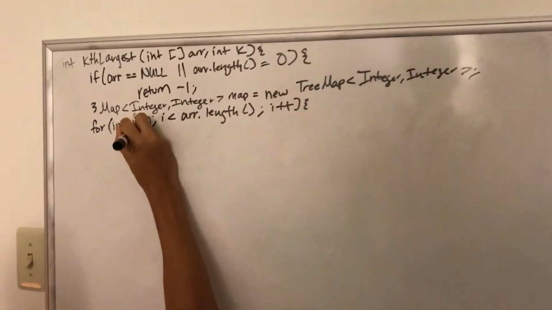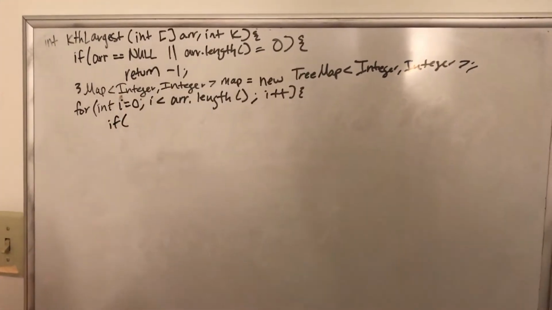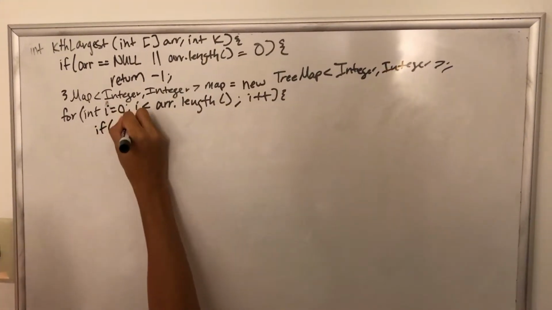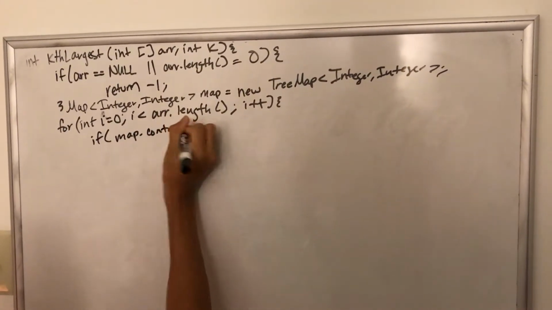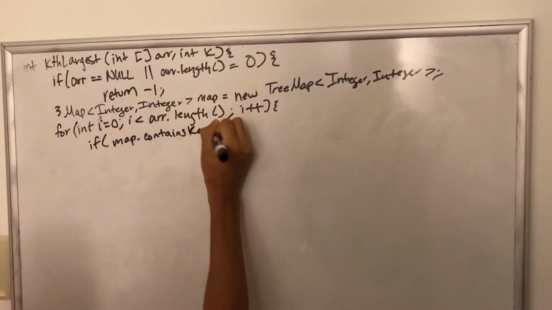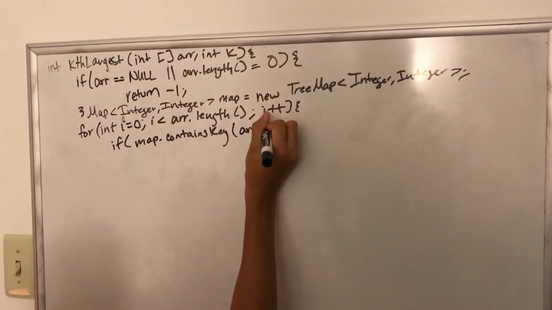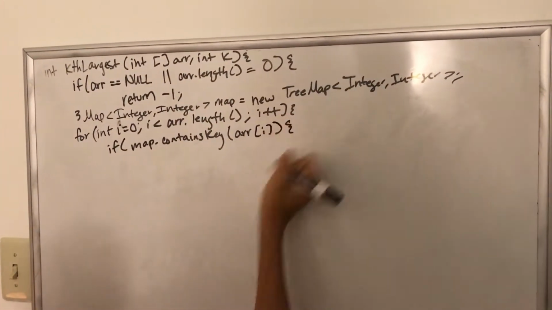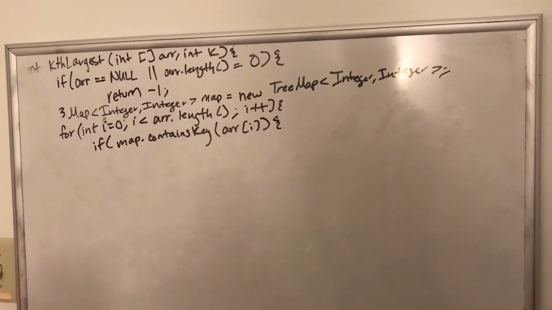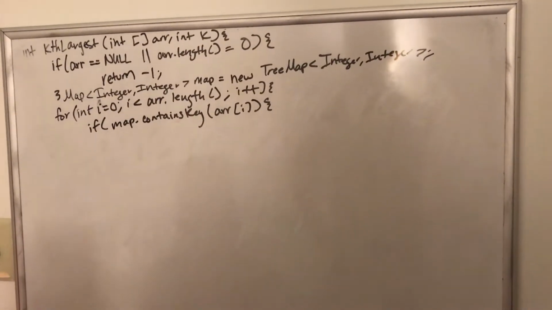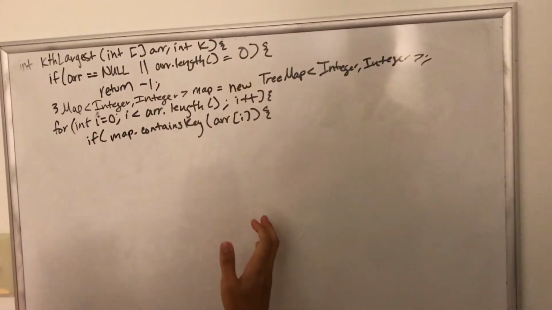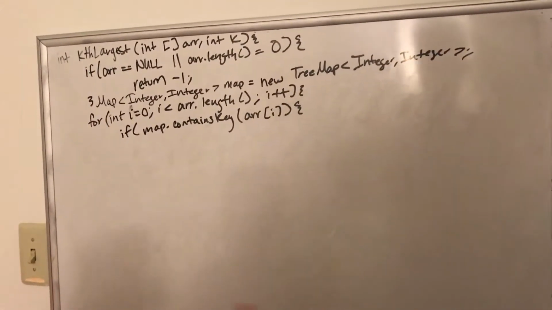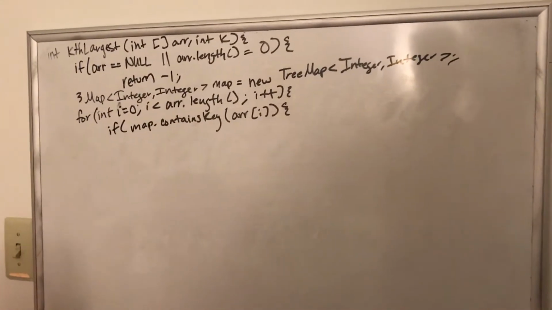So I do if map.containsKey of array i. If it's already there, then you're going to increment the value that's mapped to the key, because that represents the number of occurrences. You're going to increment that by 1 to account for another occurrence.